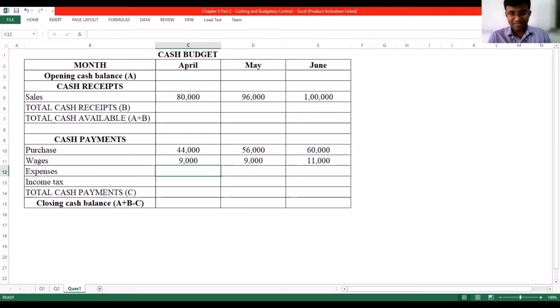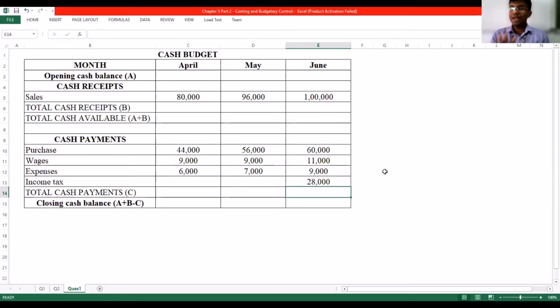Then similarly for expenses, in the month of April, you're settling the expenses for April. In May, you're settling your expenses for April, which are 7,000. And in June, you're settling your expenses, which is 9,000. Then you have income tax, which you have to pay in June, and the income tax is 28,000.